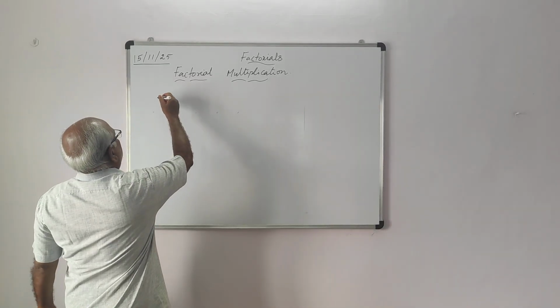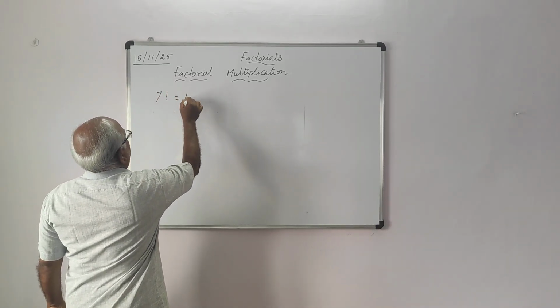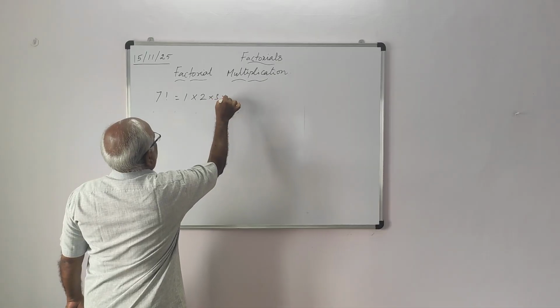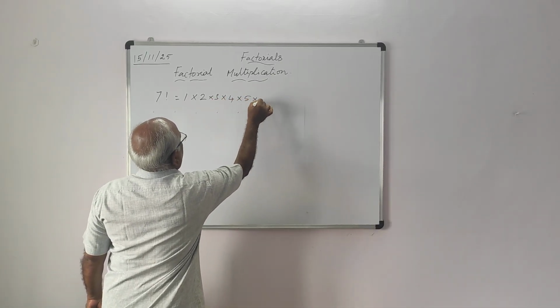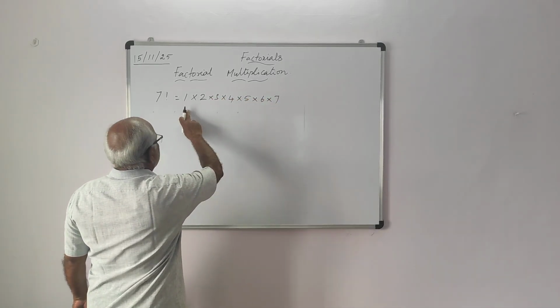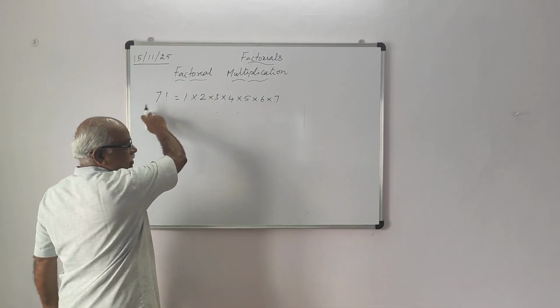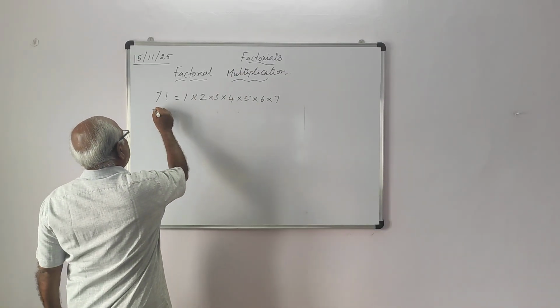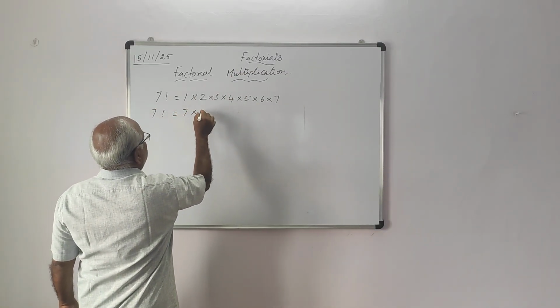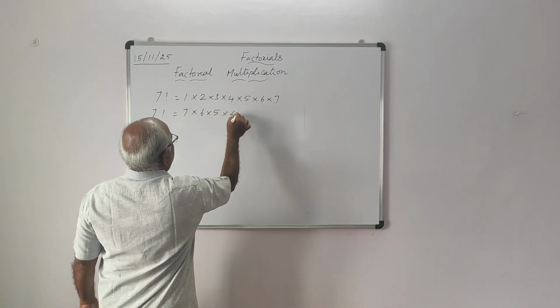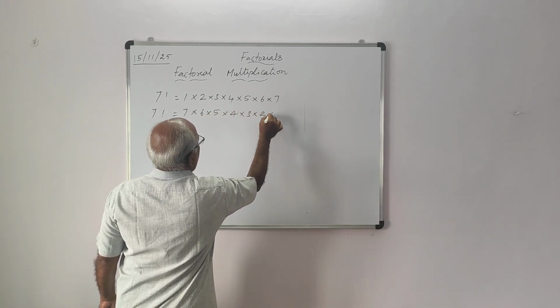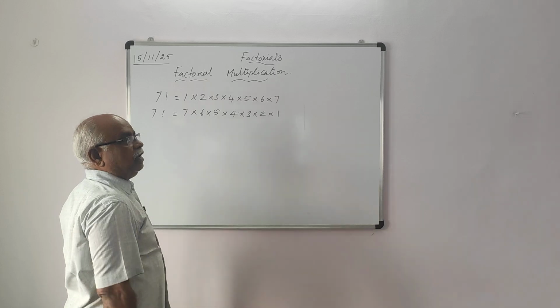This factorial multiplication is also defined by 1 into 2 into 3 into 4 into 5 into 6 into 7. You start with 1 and end with the number 7. Or otherwise, you can write it as 7 into 6 into 5 into 4 into 3 into 2 into 1. So both are correct.